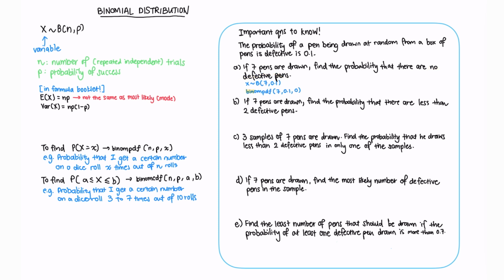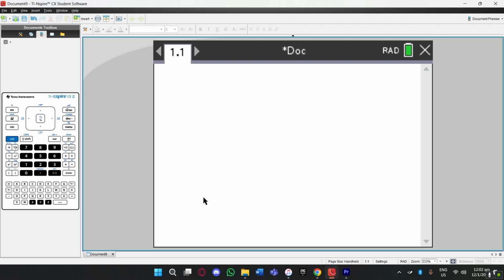We will just be doing binom PDF(7, 0.1, 0), because you want to find the probability that we're drawing 0 defective pens. Now in the GDC calculator, let's type in binom PDF, and then we'll type in 7, 0.1, and 0. And that gives us 0.478.